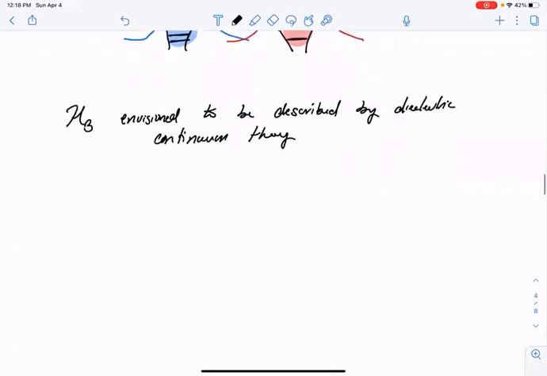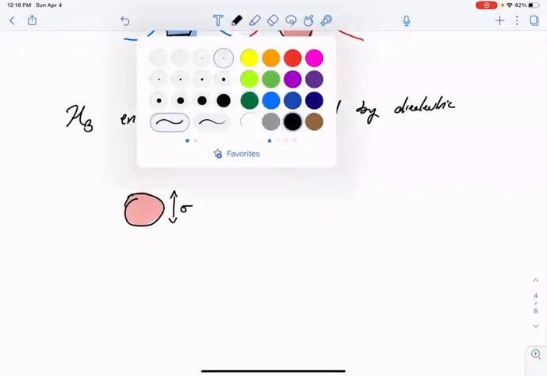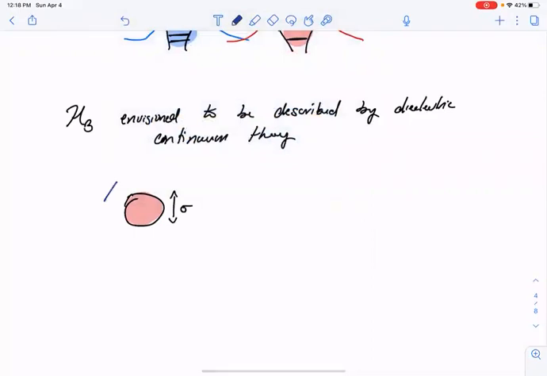So if I thought about taking an object with size sigma, so let's imagine it's one of our species. Before it's charged, the dipoles of the water are oriented randomly.